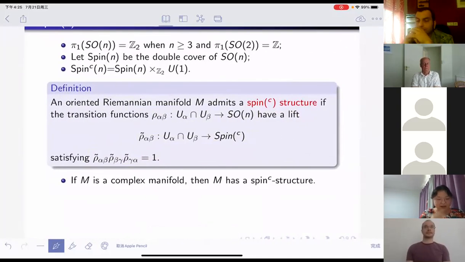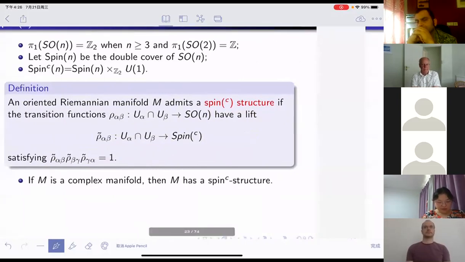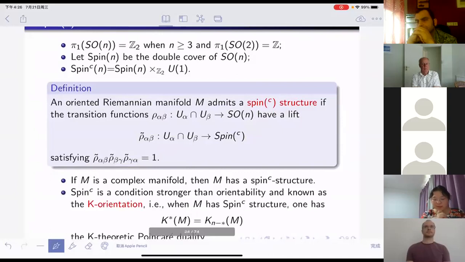So let us see some examples. If M is a complex manifold, then it can be checked that M has spin^c structure. And we know that a complex manifold is always orientable.